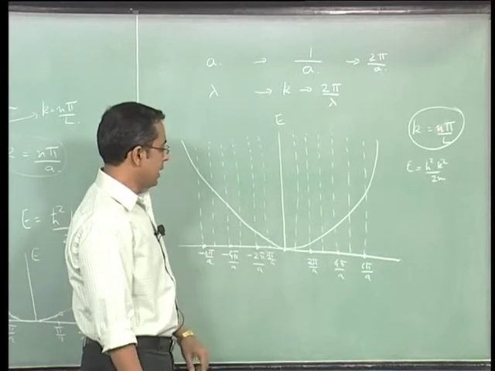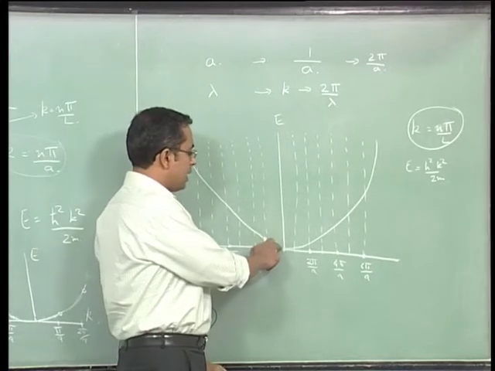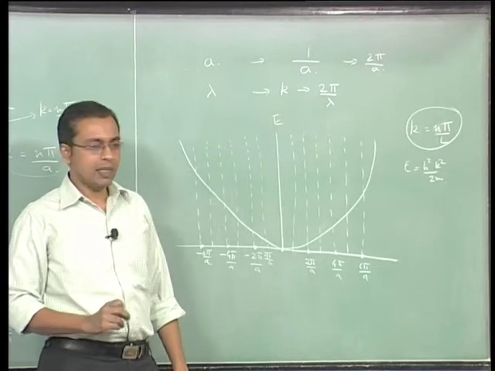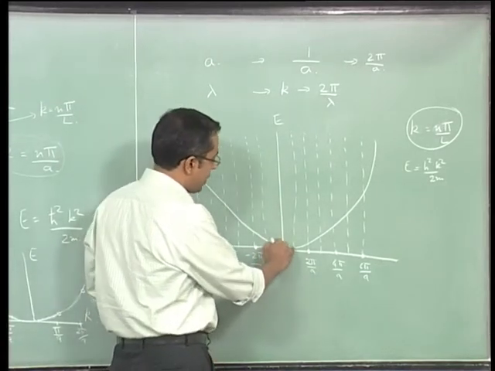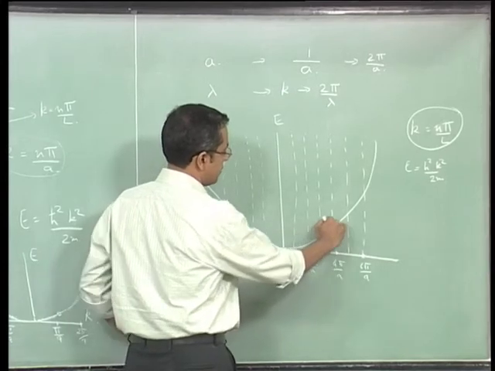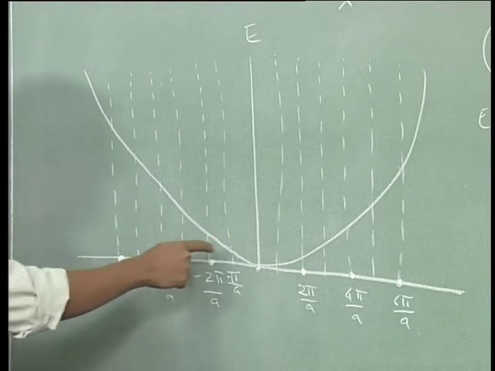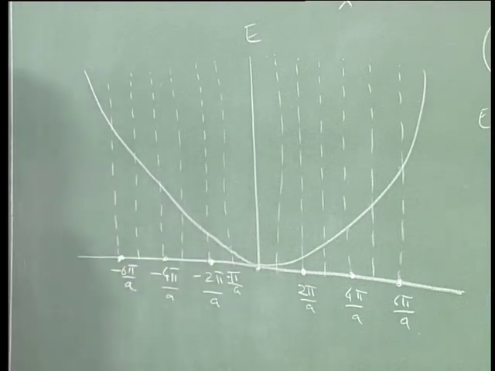We will conclude by saying that we have already seen that when the k vector touches the Brillouin zone boundary, diffraction occurs. Therefore diffraction is occurring at all of these locations, where the k vector is touching the boundary of a Brillouin zone, okay.